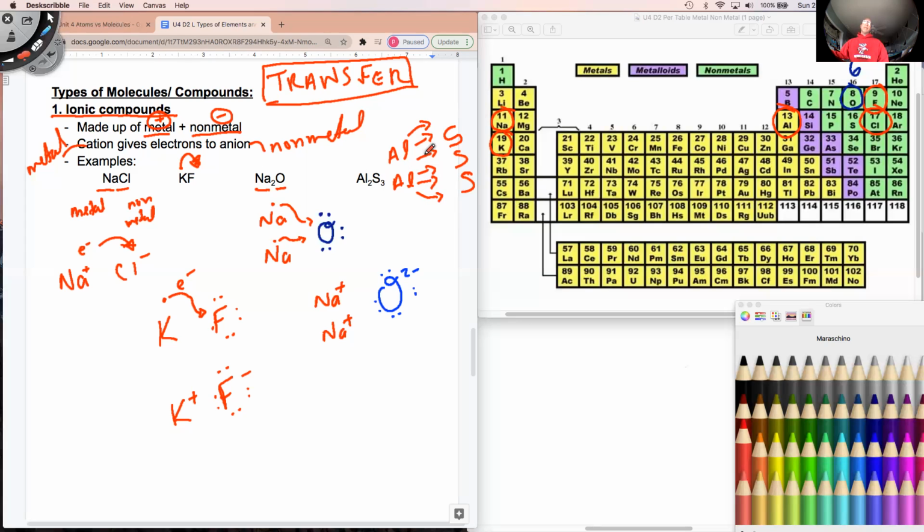Sulfur is sitting with 6 electrons. 1, 2, 3, 4, 5, 6. And we'll get into this later, but the electrons are all going to balance out, where you'd end up with an Al3+, because the electrons will be transferred. Ionic compounds deal completely with electron transfer.